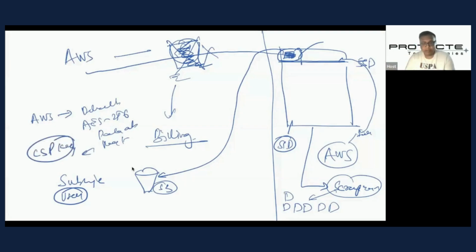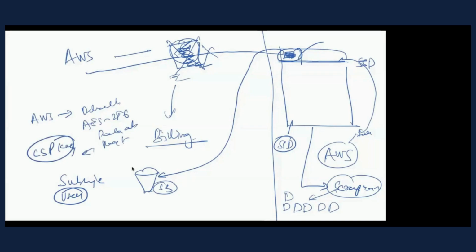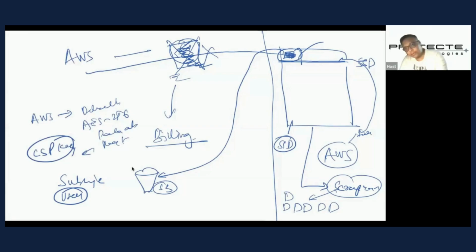If you have forgotten, AWS by default takes a key and encrypts your data. Got it? Okay, so cryptographic erasure is a good strategy for cloud. Those who are cloud security professionals generally are aware of this.